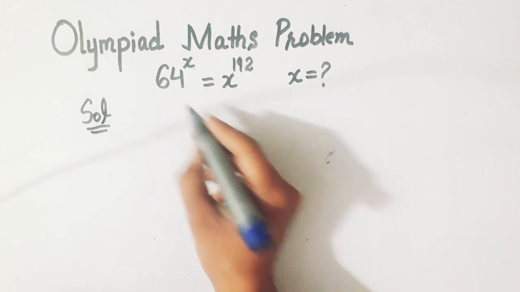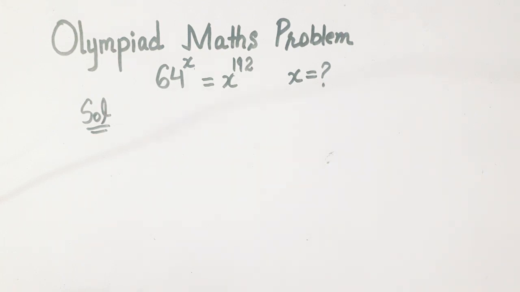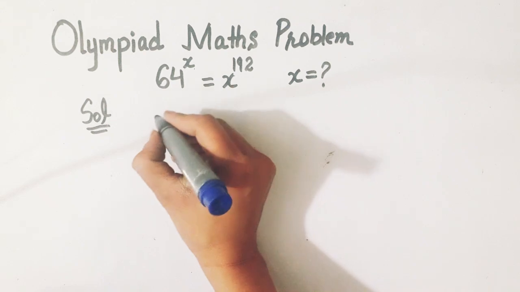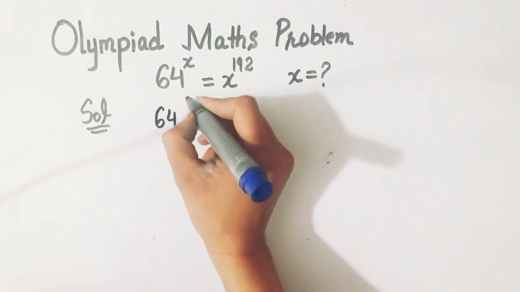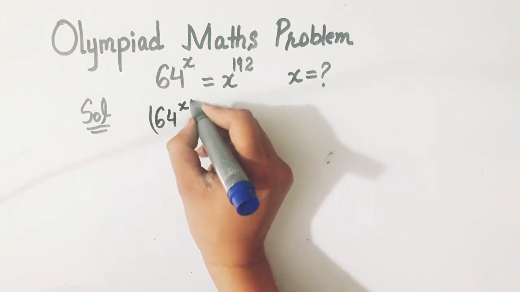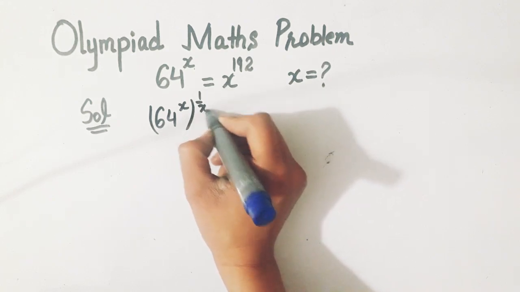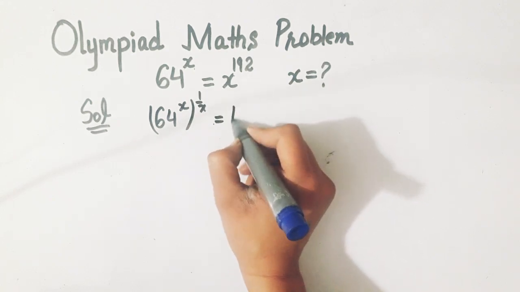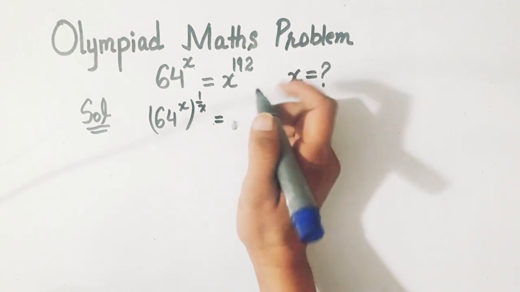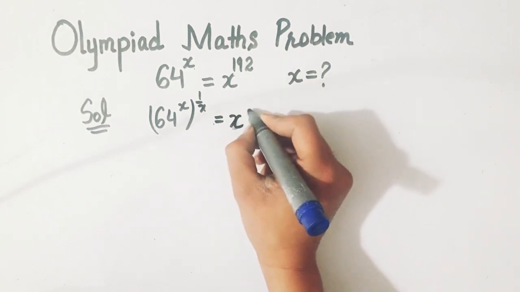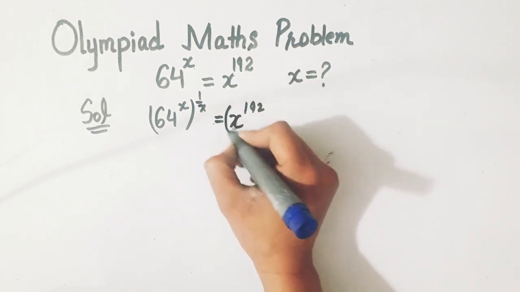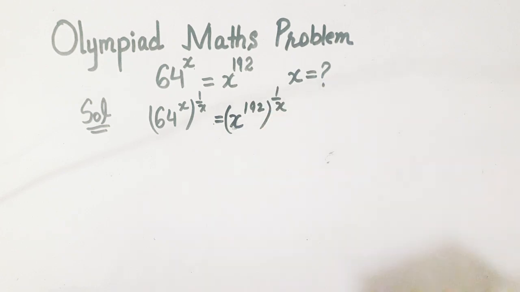First of all, we will take the whole power as 1 by x. We take 64 raised to power x to the power 1 by x, and on this side x raised to power 192 to the power 1 by x.